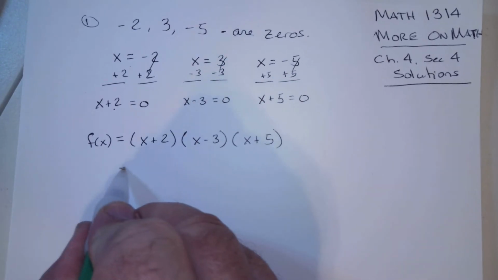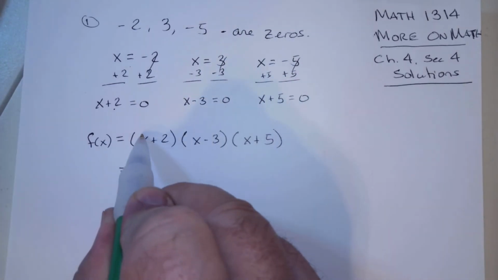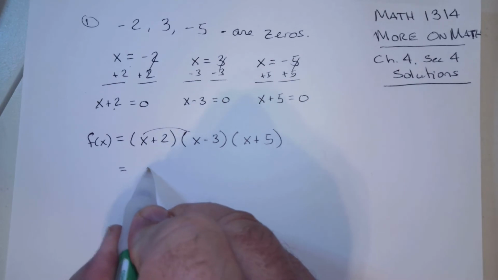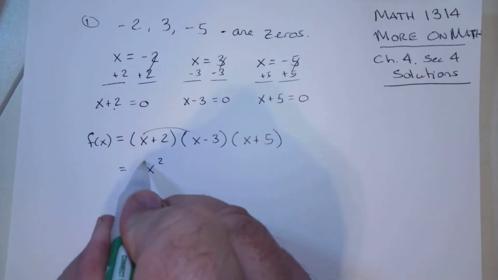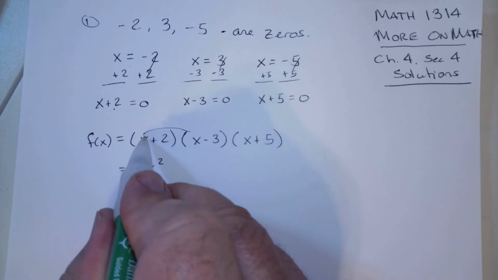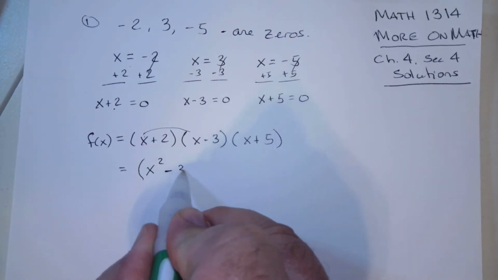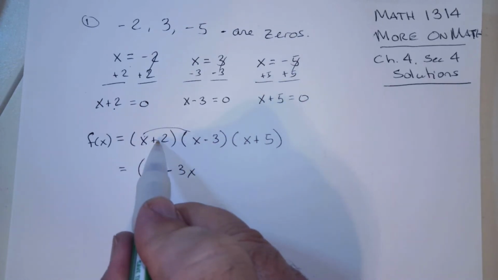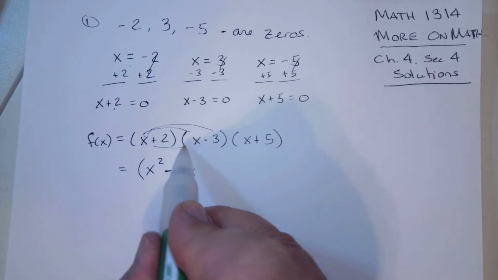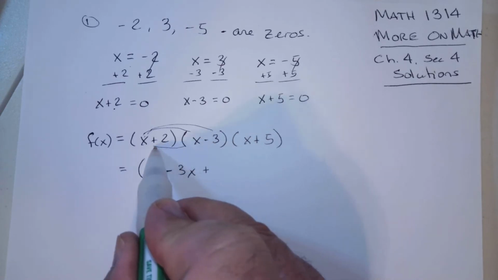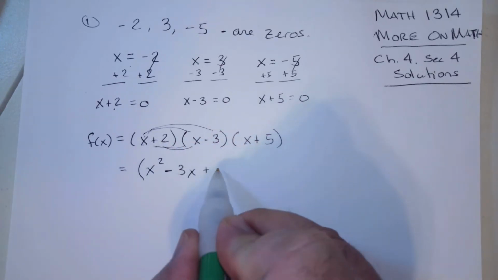So now we multiply it out. X times x is x squared. Just only doing 2 of them. Positive times negative is negative, x times 3 is 3x. Positive times positive is positive, 2 times x is 2x.